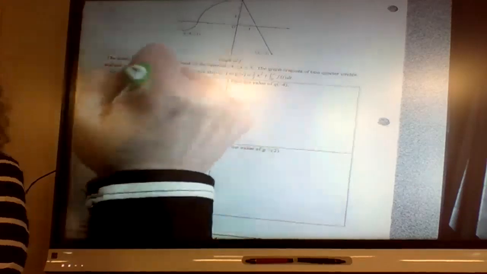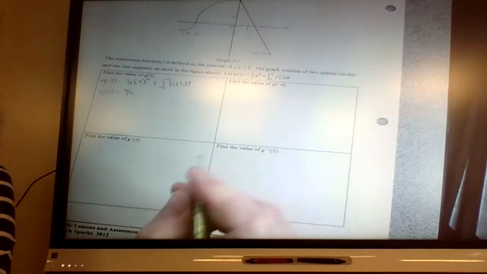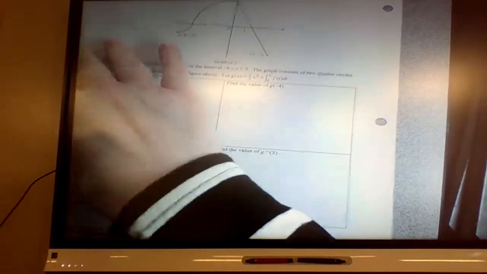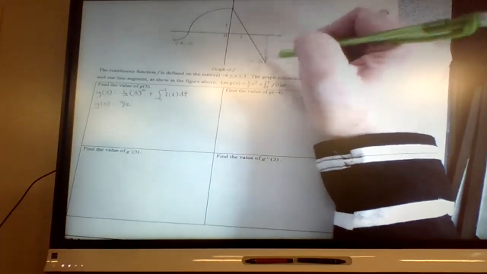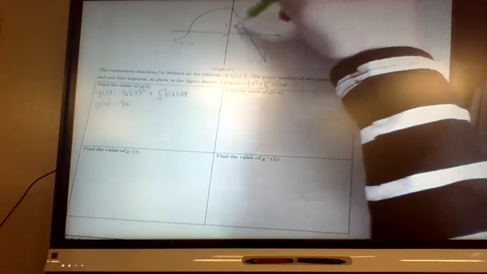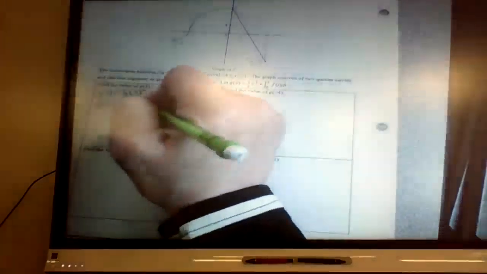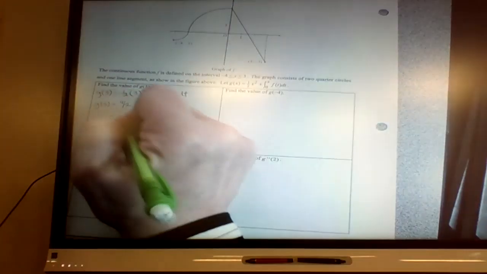That's 9/2. Got that. How about from 0 to 3? These two are just the same size, are they not? So that's just going to be plus 0. So my answer is 9/2.